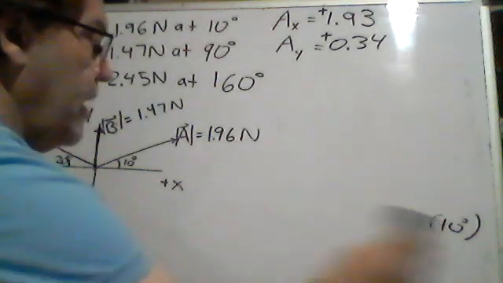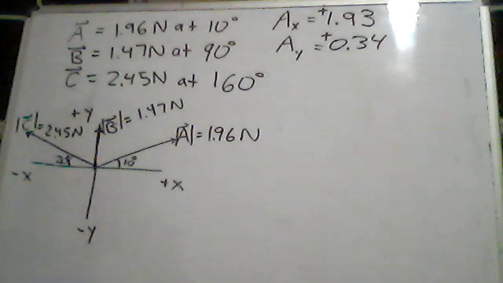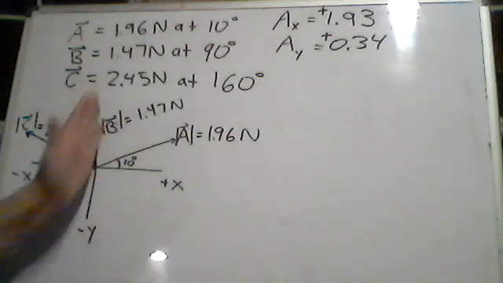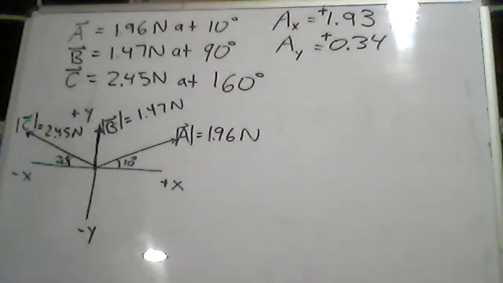Now, B is actually quite nice, but I'll try to be methodical about B. And I realize that the angle for B is going to be at 90 degrees. Well, let's remember here, the cosine of 90 is 0. So that's one of those you have to remember for your MCAT.